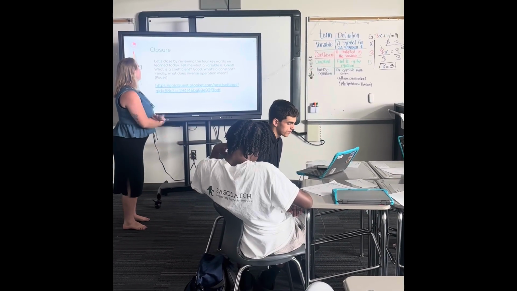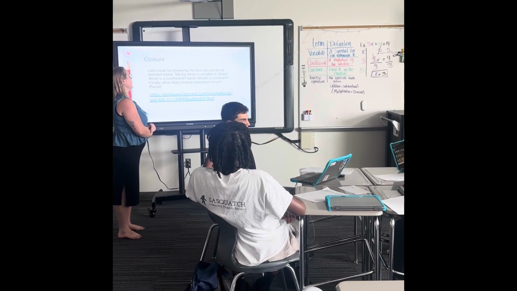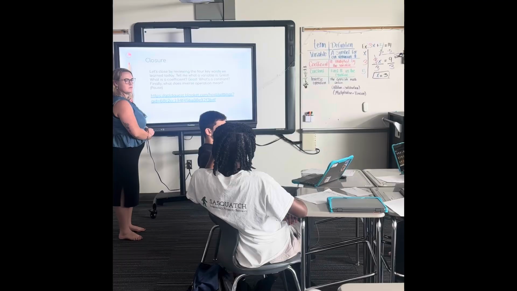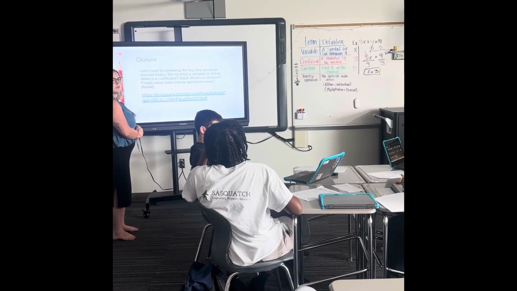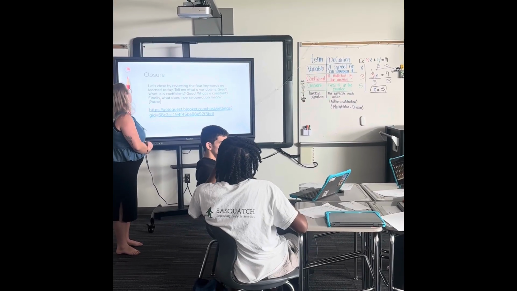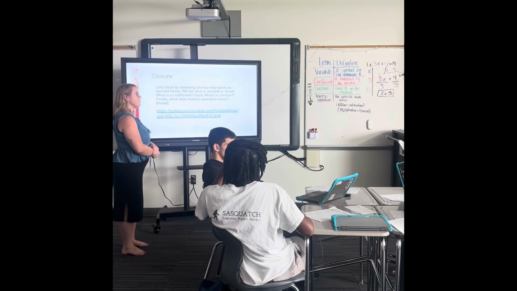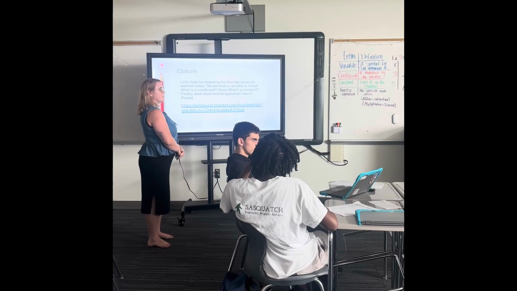Alright, so let's close by reviewing the 4 keywords we learned today. So, what is a variable, DeMarcus? Variable is the unknown number. The symbol for the unknown number, right? Okay. Tiffany, can you tell me what a coefficient is? The number before the variable.